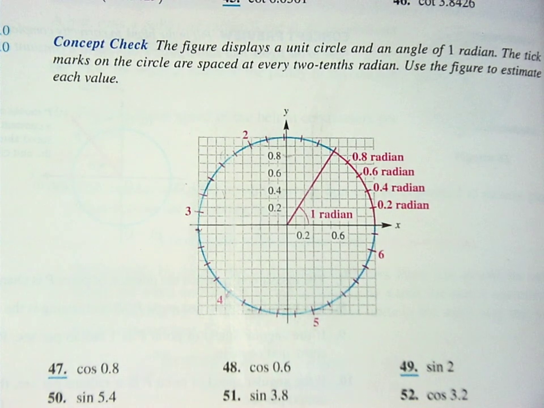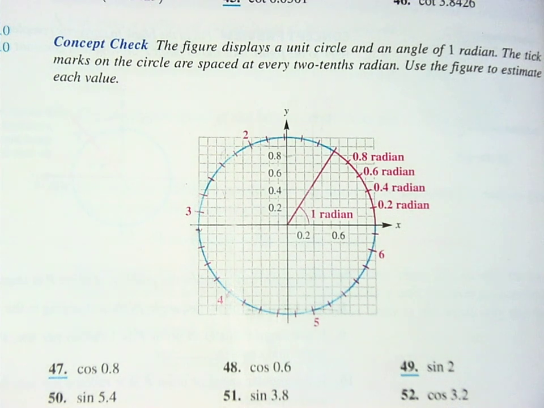How do you find the cosine of that? You don't have to change it to degrees. Look at your circle. You can use the cosine and then use 1 as the hypotenuse. I wouldn't do that. Use a string. Just measure. Just guess.